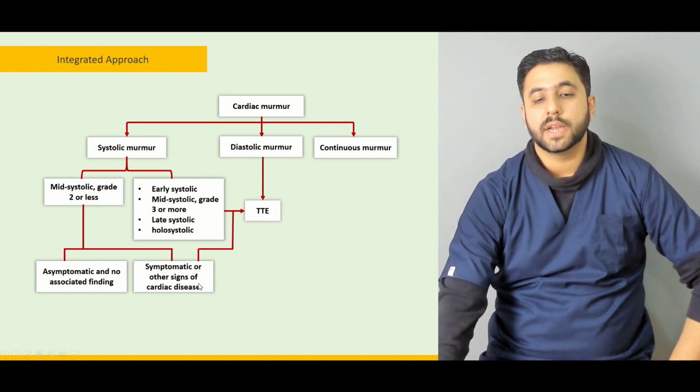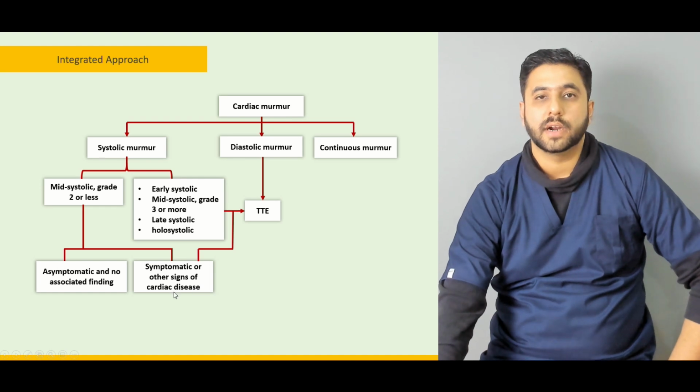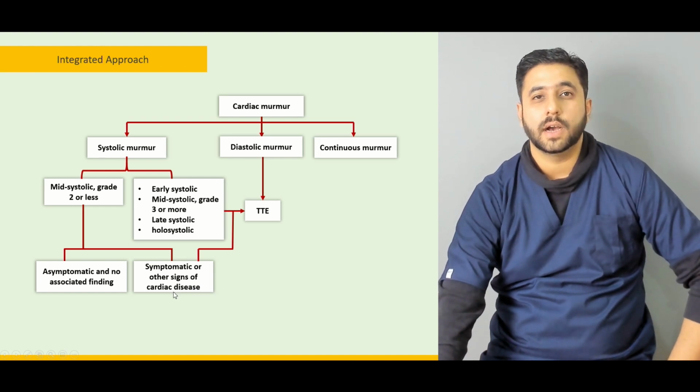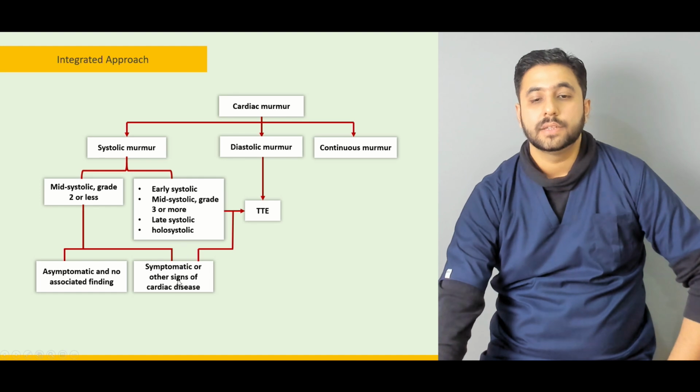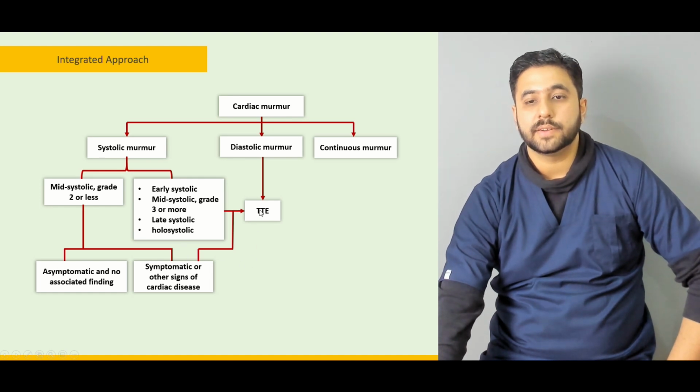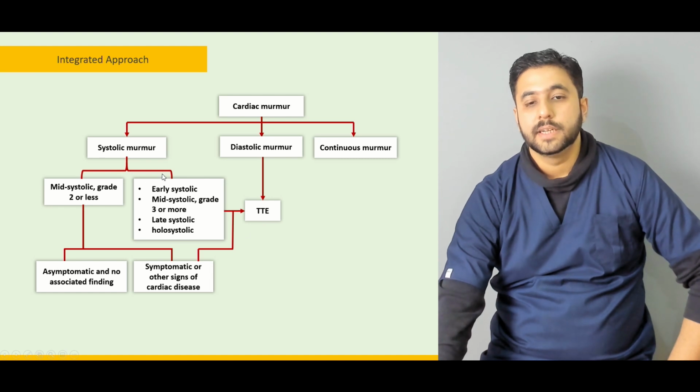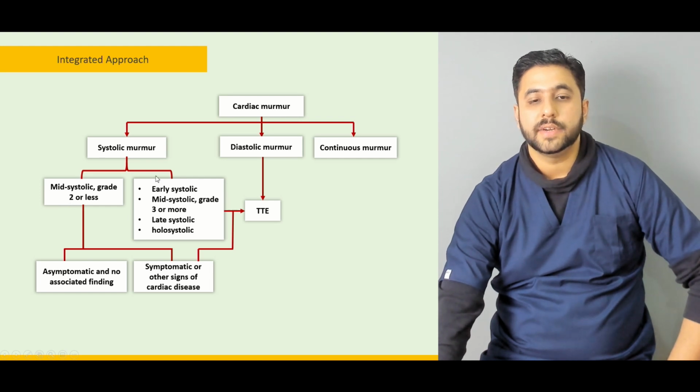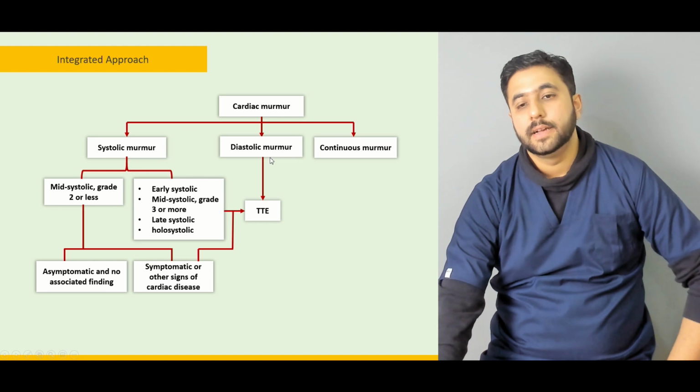But if the mid-systolic murmur presents with other signs of cardiac disease, the patient has dyspnea or angina or syncope, that gives us a very good indication, and we do a transthoracic echocardiogram in such patients. So any systolic murmur, apart from the mid-systolic grade 2 or less, we do an echocardiogram. In a grade 2 or less murmur with the symptoms of cardiac disease, we do a transthoracic echocardiogram.